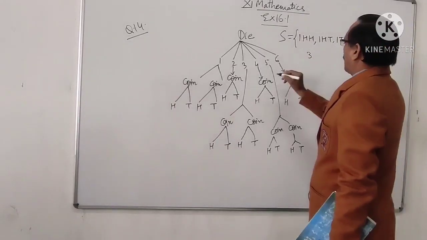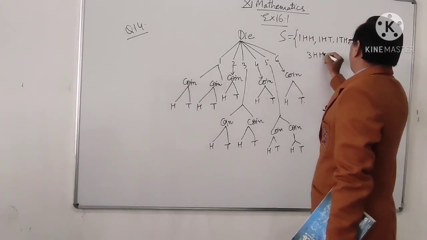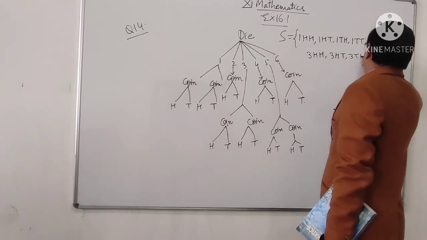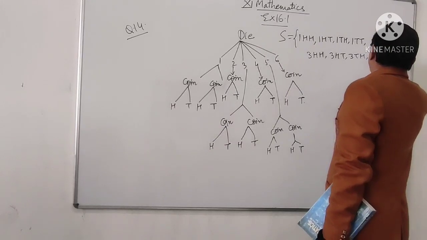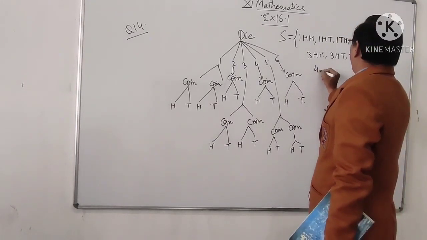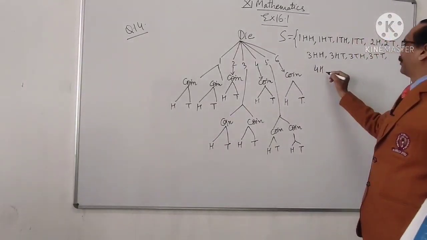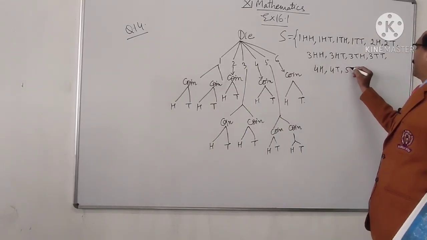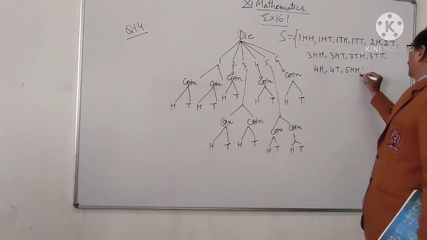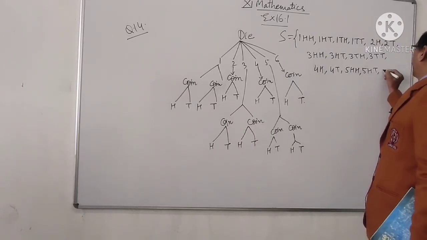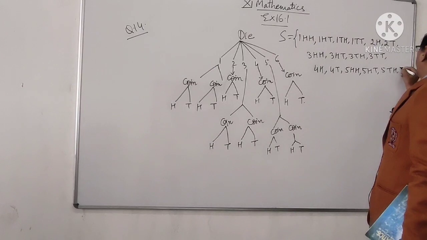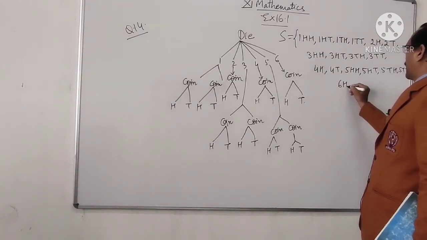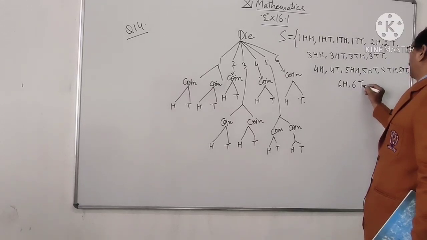For 3, there are 4 cases: 3HH, 3HT, 3TH and 3TT. Then 4H and 4T. Then 5HH, 5HT, 5TH, 5TT. When there is 6, then 6H and 6T.